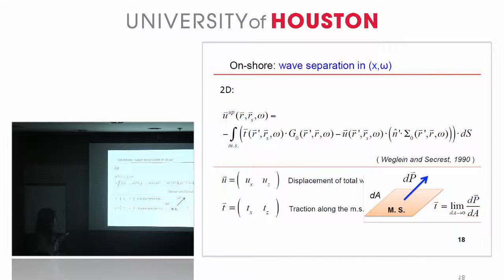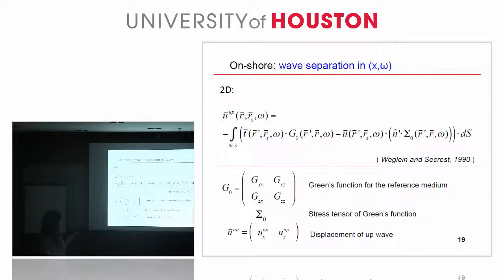And this term is also required in this integral formula. So in order to obtain this term, you can either measure it or calculate it. To calculate this term, you need the information of the Earth's property in the vicinity of the environment surface, and you also need the derivative of the displacement along this environment surface. And after that, you can use this information to calculate the traction via Hooke's law.